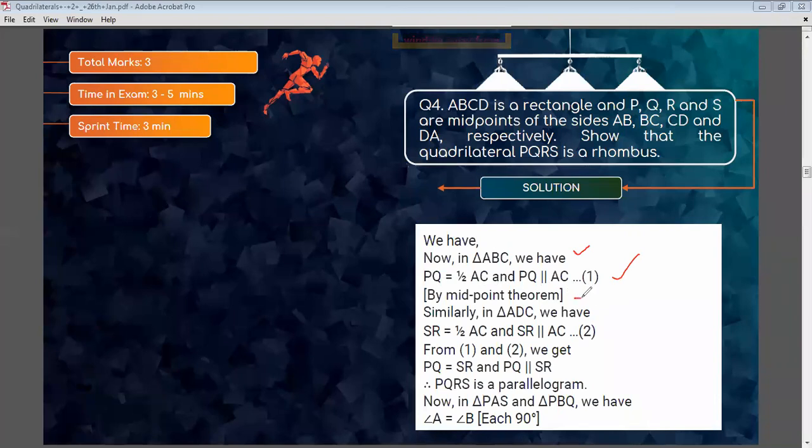So this is all because of the midpoint theorem. Then we have taken the triangle ADC. Here also parallel and half by midpoint theorem. So from both the equations we get PQ equals SR and parallel also, and we got the value of angle A and B both equal to 90 degrees.